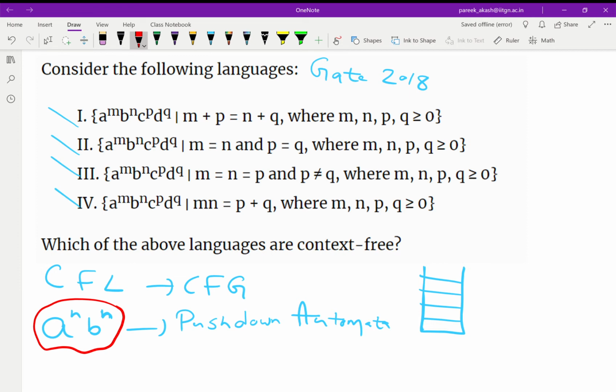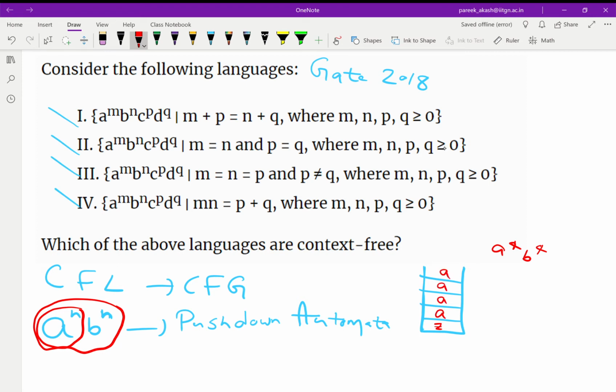I will push all the a's into the stack. Suppose I have a to the power 4, b to the power 4. Initially in the stack there is one special symbol Z, which denotes the last position of the stack. Now I'm pushing 4 a's: 1 a, 2 a, 3 a, 4 a.